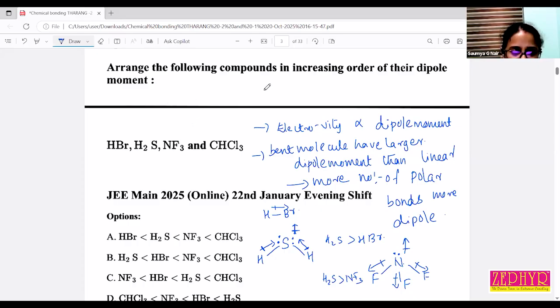CHCl3. The direction is towards chlorine from carbon.